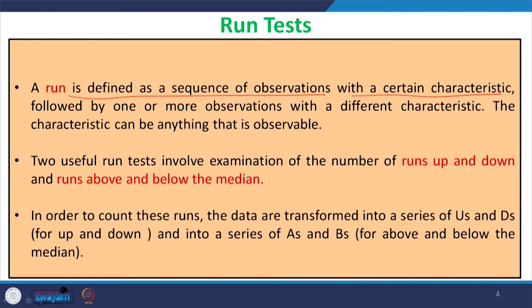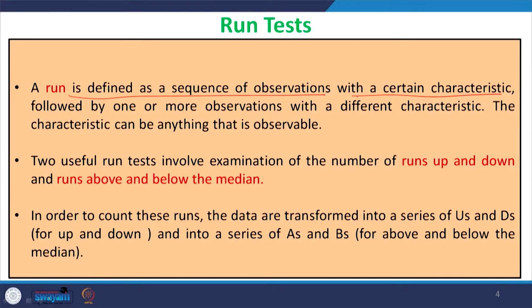Like in the previous numerical values, we have some characteristic of weight, where they are either continuously above the mean value or median value, or continuously lower than the median value. That is a type of observation with a certain characteristic, followed by one or more observations with a different characteristic. The characteristics can be anything that is observable.